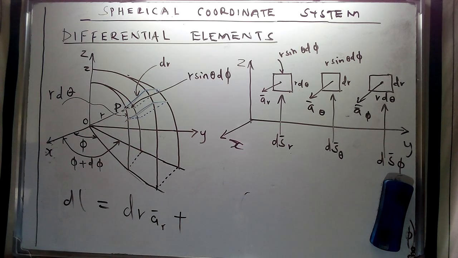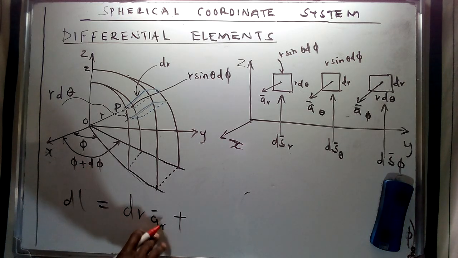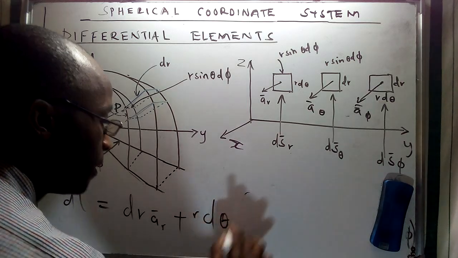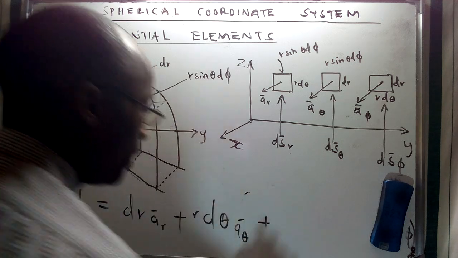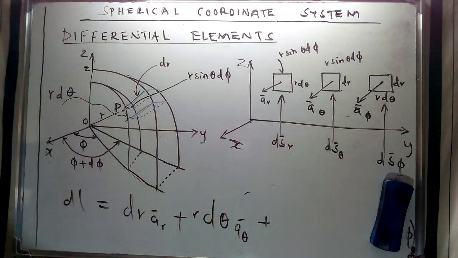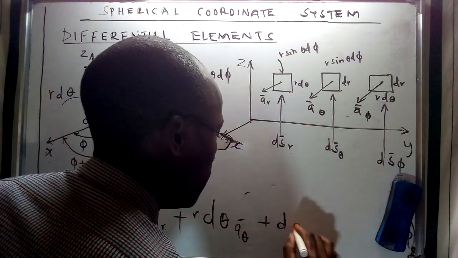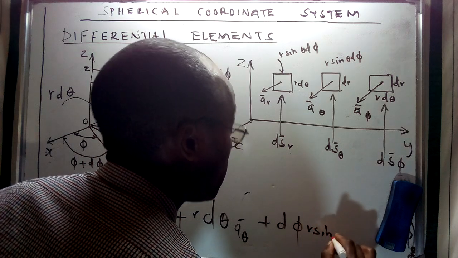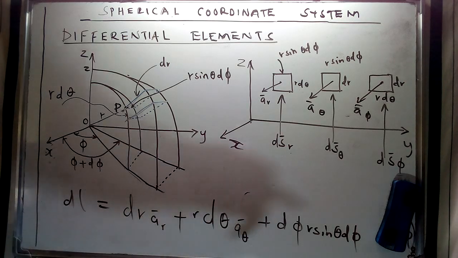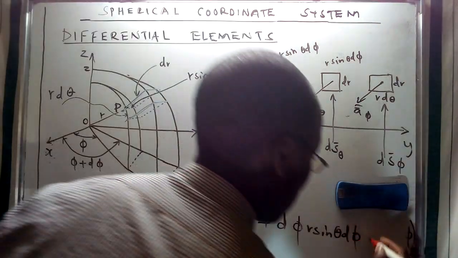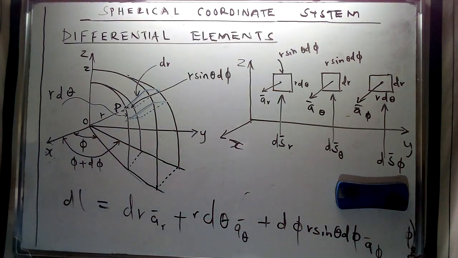So we can define this differential vector length in terms of dr, this base vector, and then r d theta, and then we're going to have this base vector a theta given as that, and then lastly we're going to have this one using that specific surface, r sine theta d phi given as such, and then we're going to have the unit base for that one given as a phi respectively.